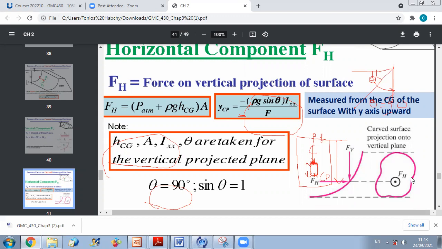Because if not, we should perform integration to calculate the area of this projected surface and to calculate I. This is why in general we deal with common shapes, because for these we know automatically the formulas of area and of I. We'll see together that in case we have a general area, we can go over the integral procedure, okay?